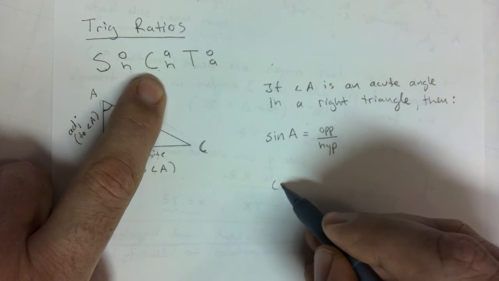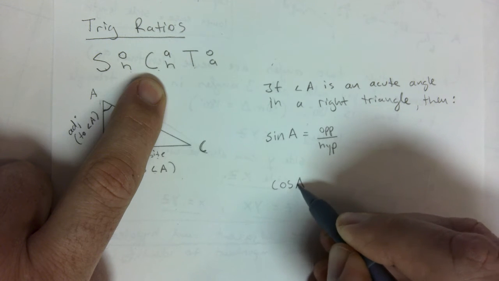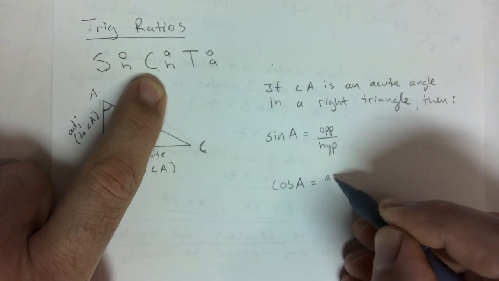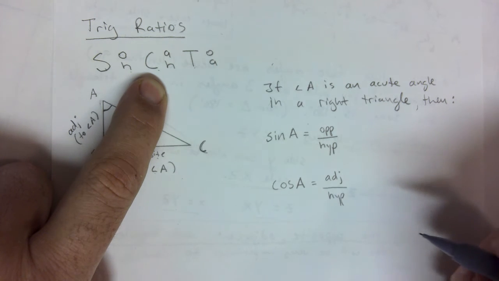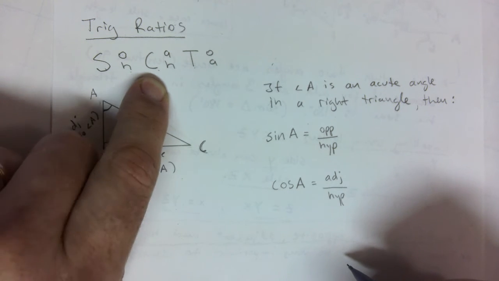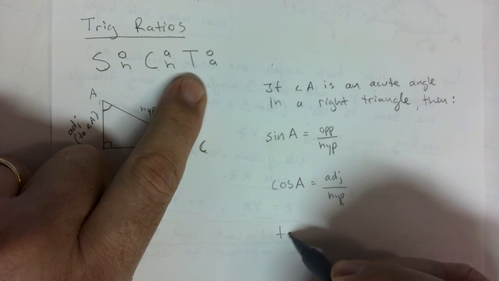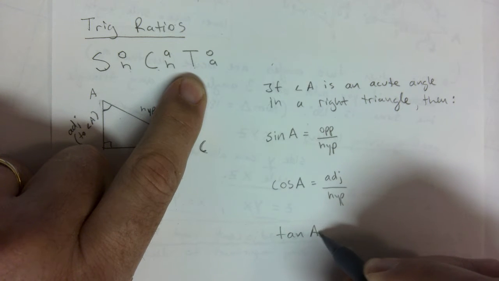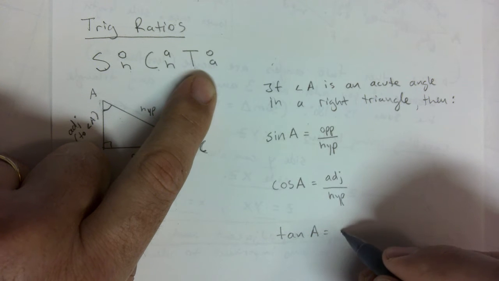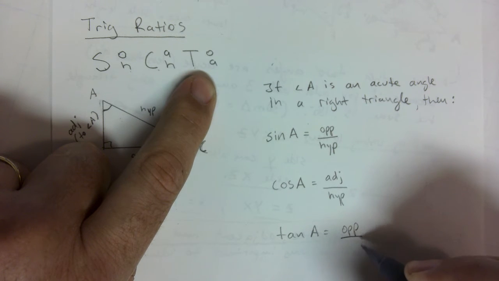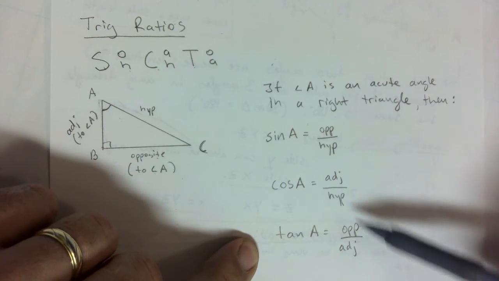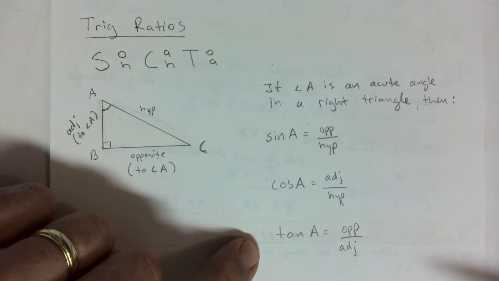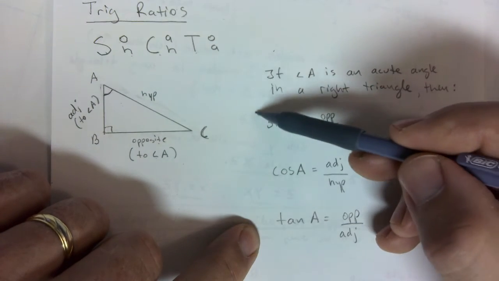And then the next one is cosine of angle A is equal to adjacent over hypotenuse. And the third one is tangent of angle A is equal to opposite over adjacent. Notice that tangent is the only one that doesn't have the hypotenuse in the denominator. Okay, so these are very important here.